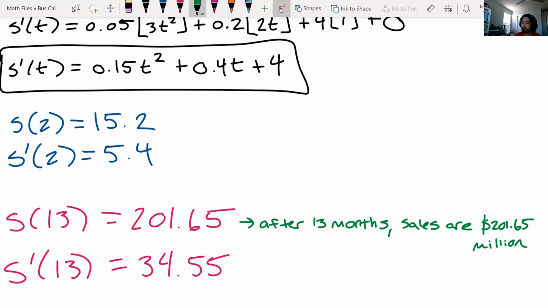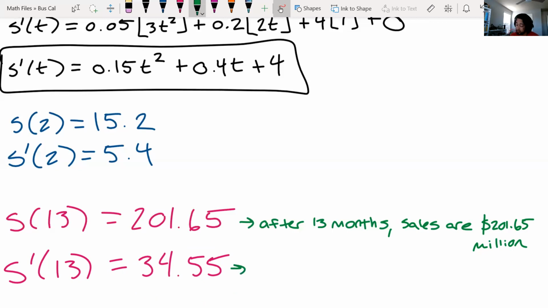Okay. And then S prime of 13. So remember that the derivative means slope. So whatever answer you come out with here will tell you whether our slope is increasing or decreasing. So is this 34.55 a positive number? Yeah.